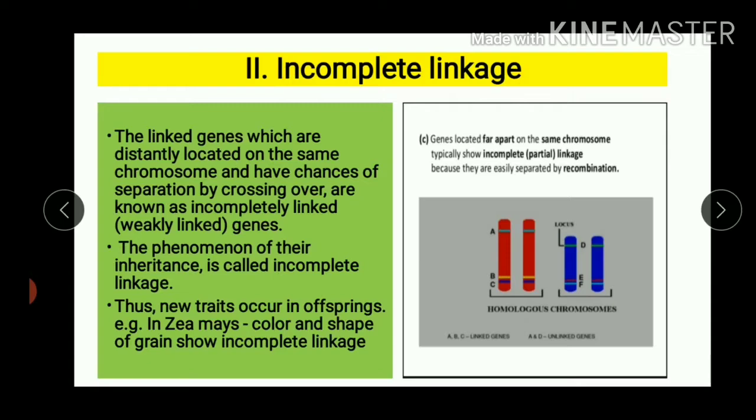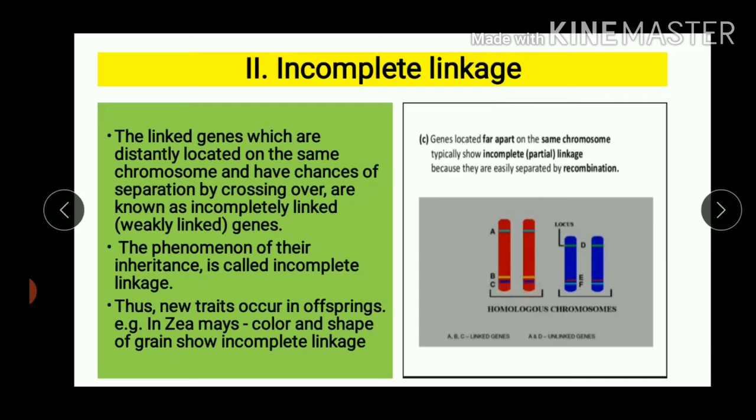Incomplete linkage: the linked genes which are distantly located on the same chromosome and have chances of separation by crossing over are known as incompletely linked or weakly linked genes. Here, as I told, A, B and C. If you see the location, the A gene is present far away from the B and C genes.